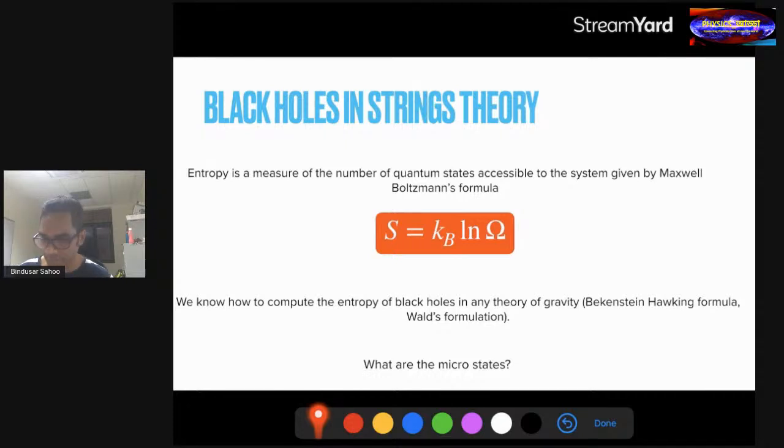So black holes have entropy, and we can compute this entropy of black holes in a theory of gravity, given by the Bekenstein-Hawking formula or the Wald formula. These are various people who have told us how to compute the entropy of a black hole.